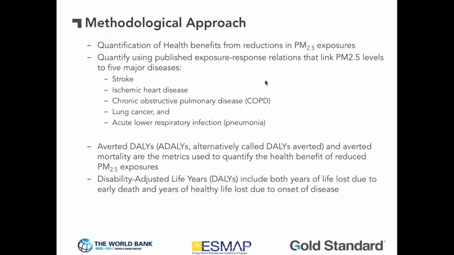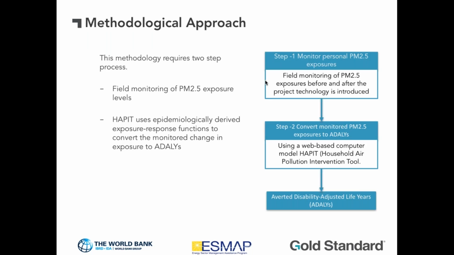The advantage of using this metric is that it includes both years of life lost due to early death and also years of healthy life lost due to onset of disease. So it includes both mortality and morbidity. The methodology has a 2-step process to quantify health benefits.